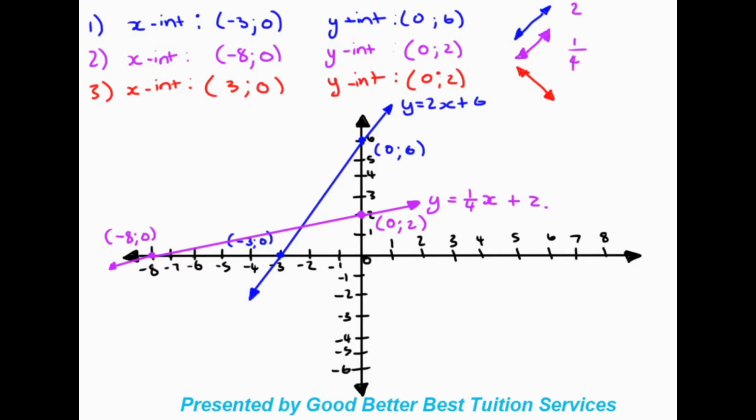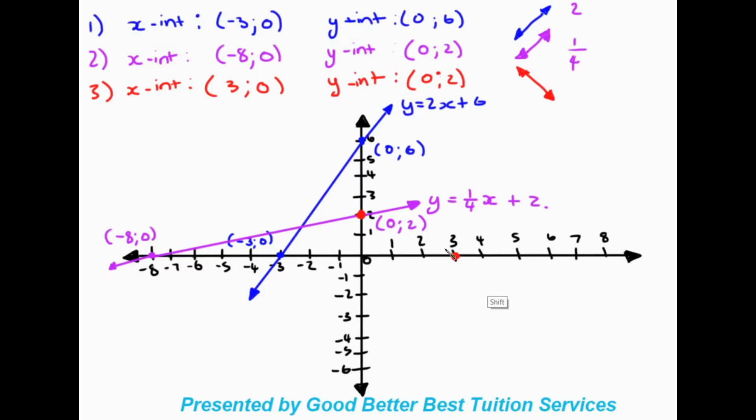So now heading over to plotting, we're going to plot the x-intercept of 3 and 0. So we have 3 over here, that's 3 on the x-axis, and y is 0. And then we're going to plot that y-intercept, which is 2 on the y-axis, and 0 on the x-axis.